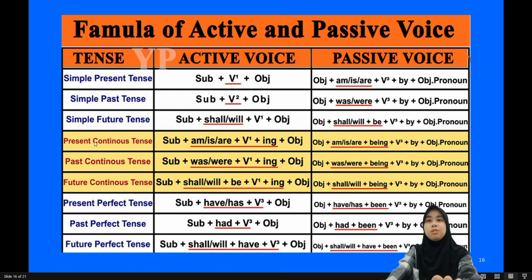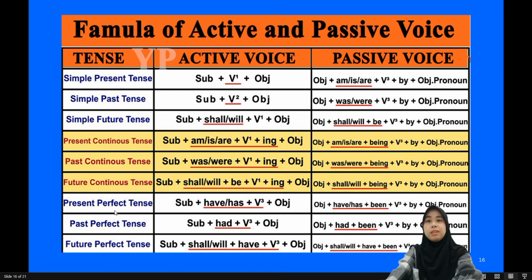And then present continuous tense: like this too, but we use -ing after verb 1. In passive voice, like the simple present, but we use being after to be.